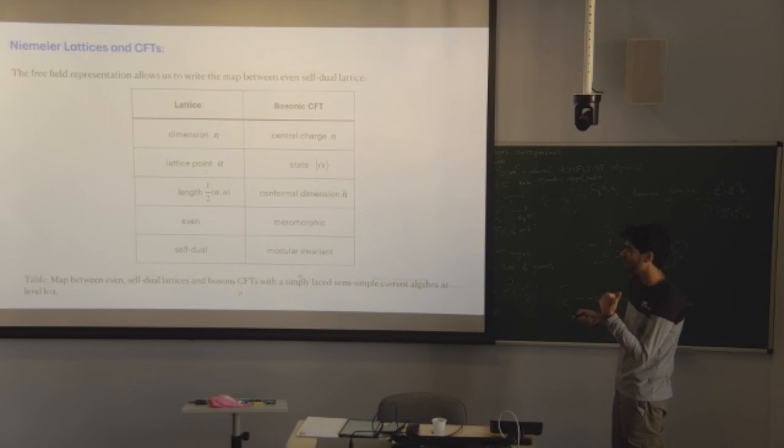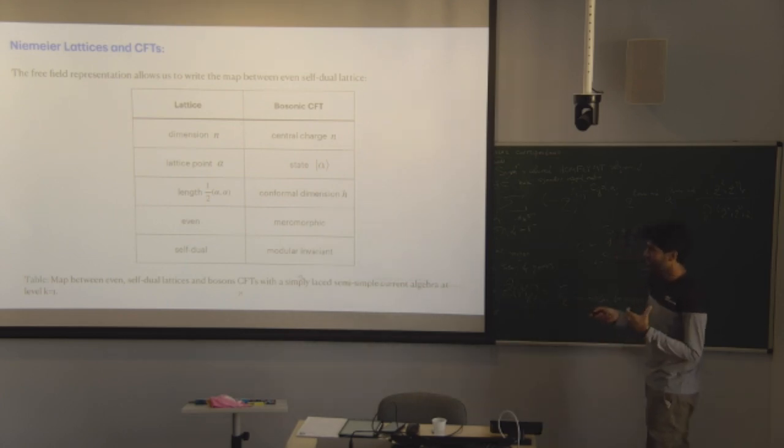Then if you define the lattice to be even, which means all lengths are even, then the conformal dimension is always an integer, which is what the integrality condition is all about. Then if the lattice is self-dual, it maps to the statement that the conformal field theory is modular invariant. That is, the partition function that you write is a modular invariant object.